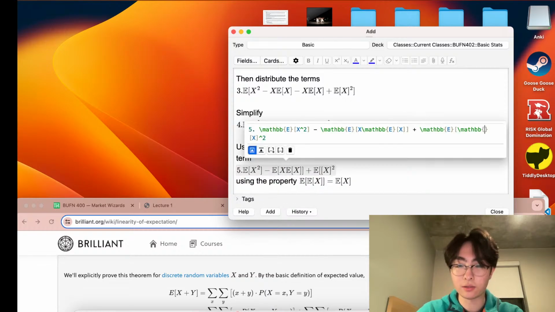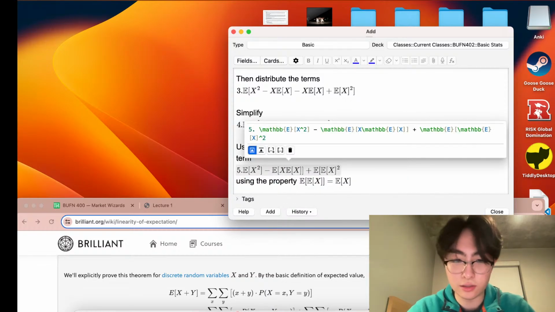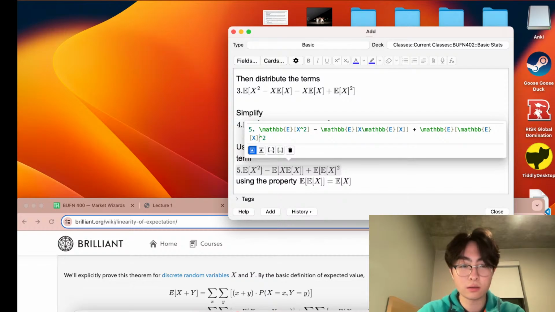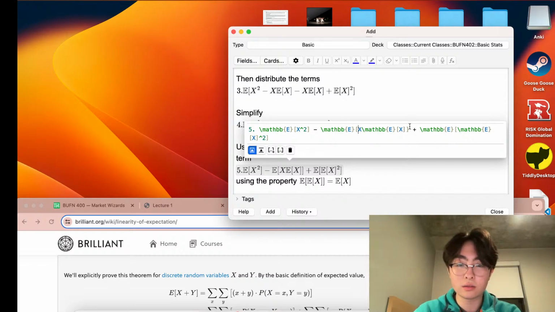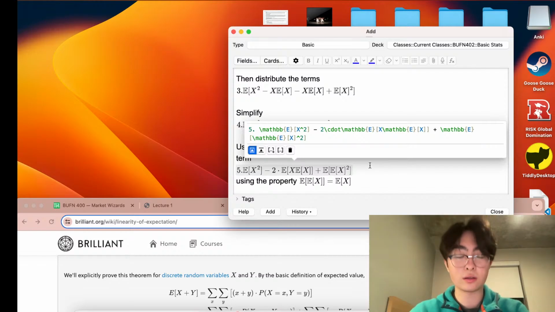Oh man, there's so many e's in this damn equation. All right. There we go. 2 times c dot, 2 c dot.